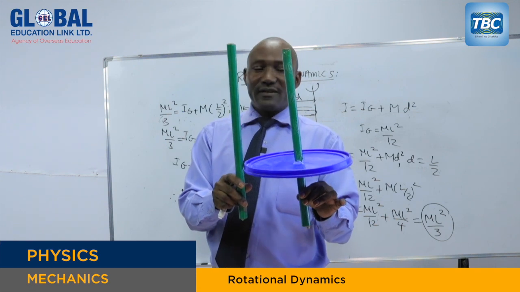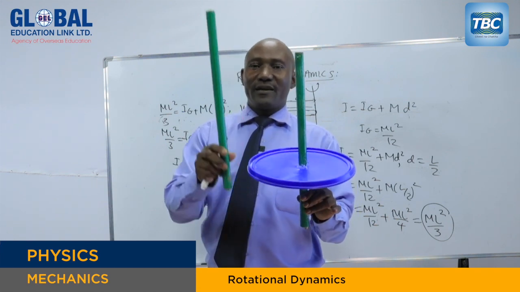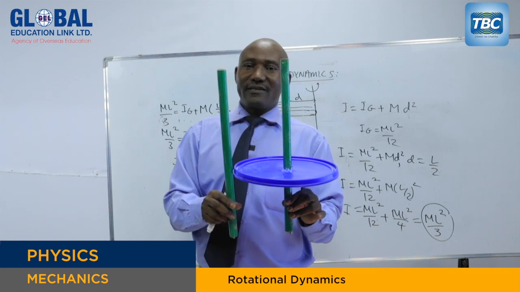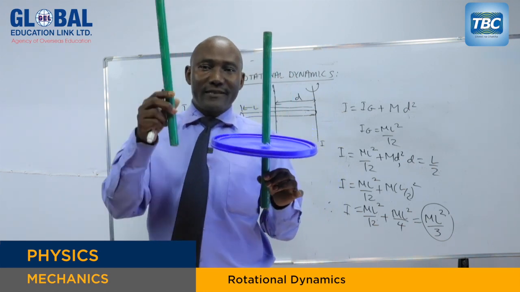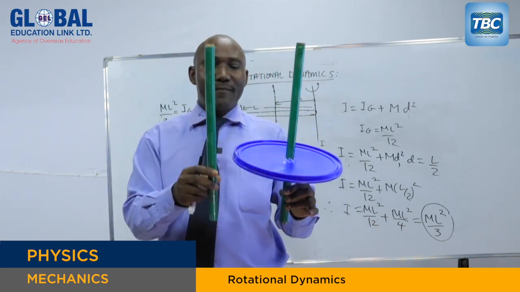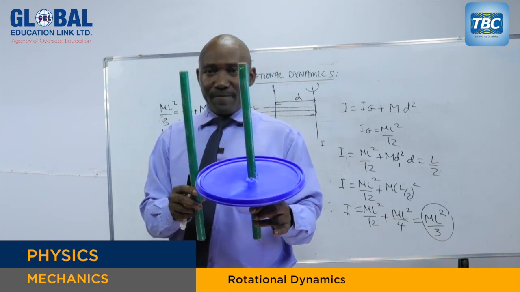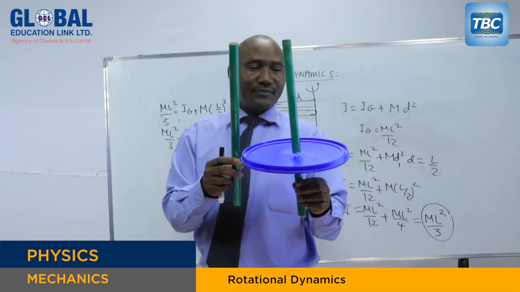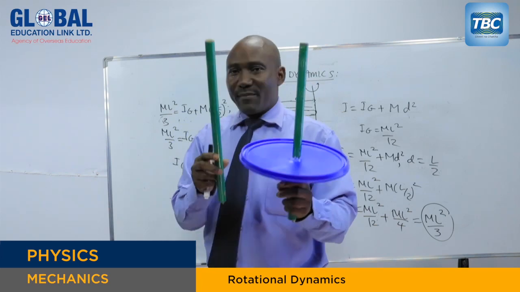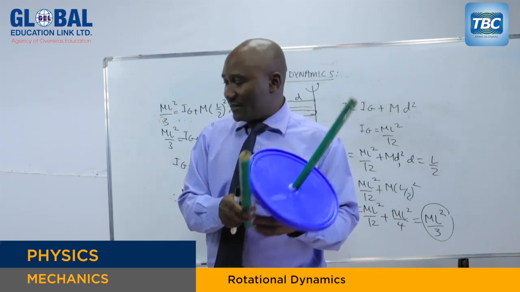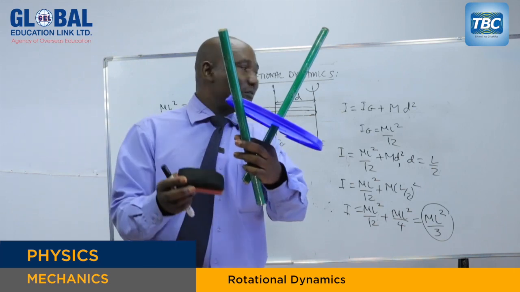So as you can see, you can get the moment of inertia about another axis, which is passing through the circumference but perpendicular to the plane. The problem here, to most of the students, is on this part.